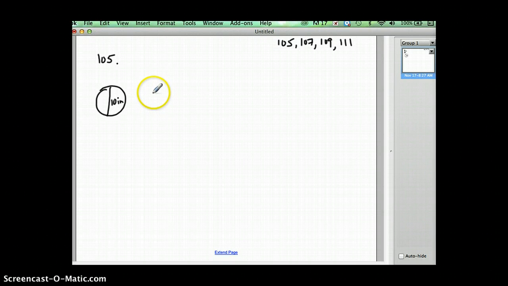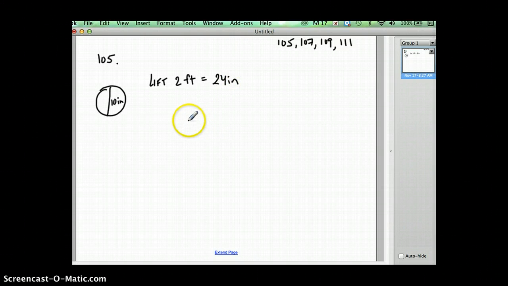So it's got to lift it 2 feet, but our diameter is in inches, so really it has to lift it 24 inches.